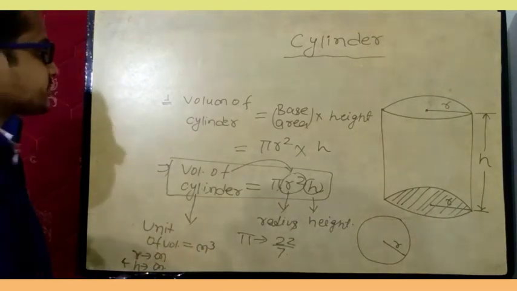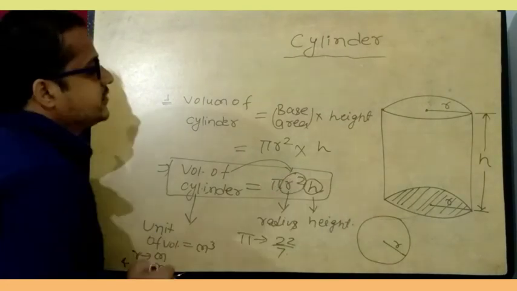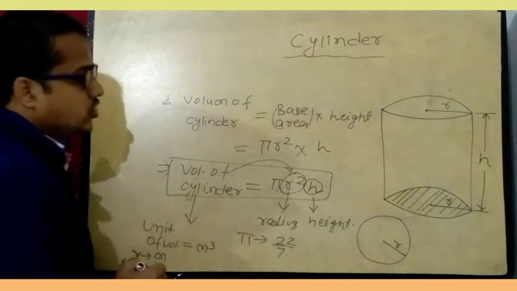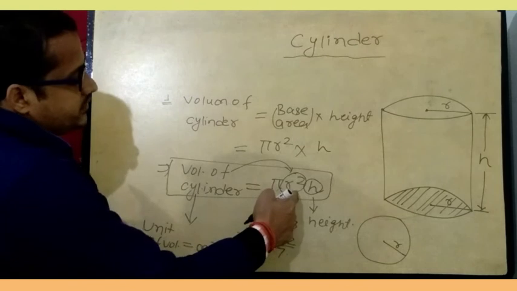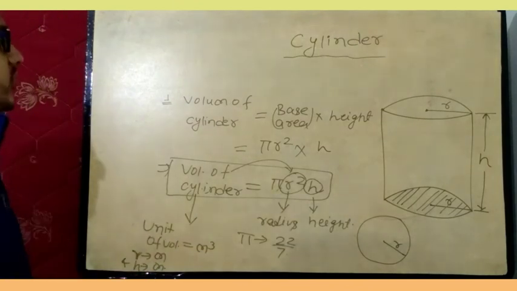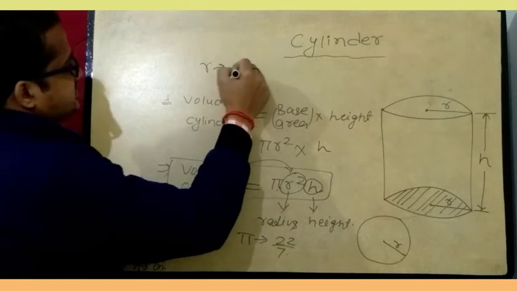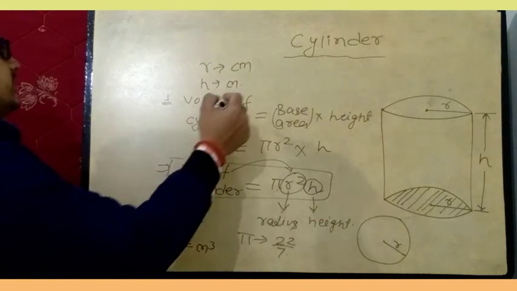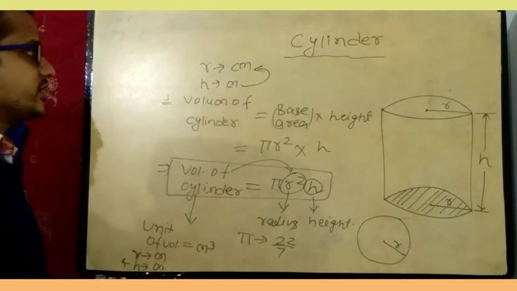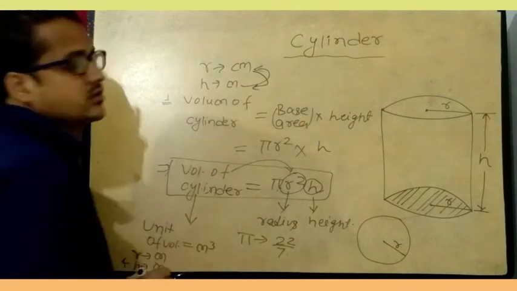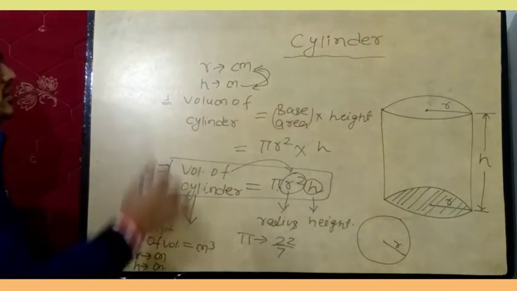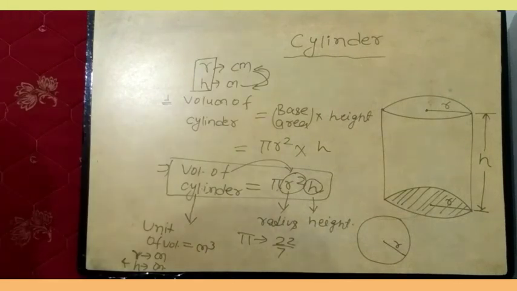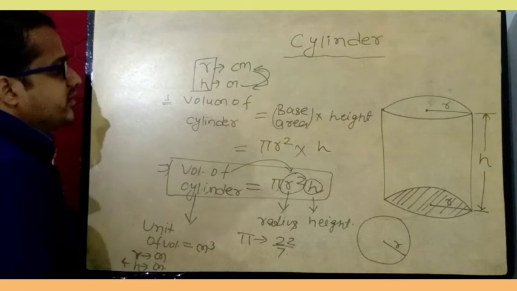If radius and height are given in two different units, then your first job is to convert both to a common unit. Suppose radius is given in centimeter and height in meter, then you must convert either meter into centimeter or centimeter into meter. That is, you have to put both the radius unit and height unit in a common unit.